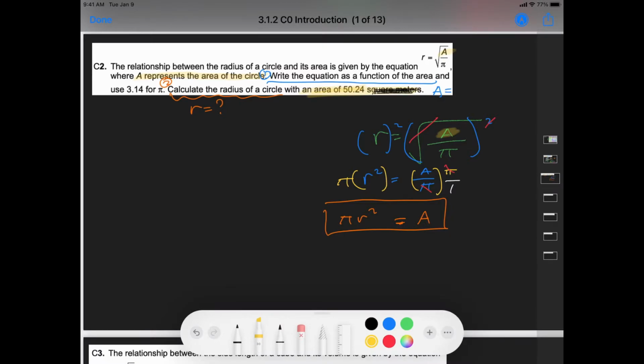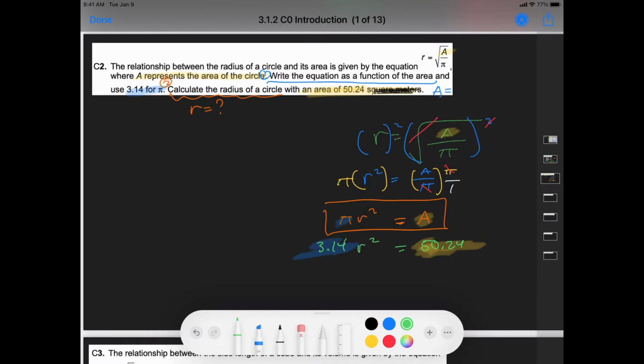But worry about the 50.24. All right, let's write 50.24 here. Okay. Now it's telling me to use 3.14 for pi. And I don't think that's a really big deal, but we'll just do what they tell us. And we're trying to find r.